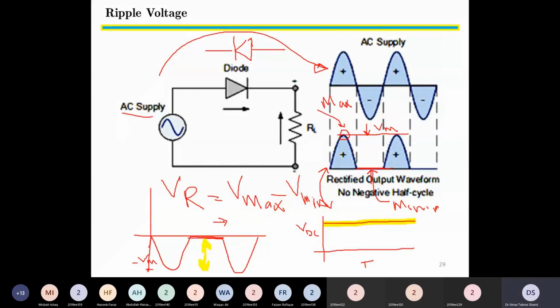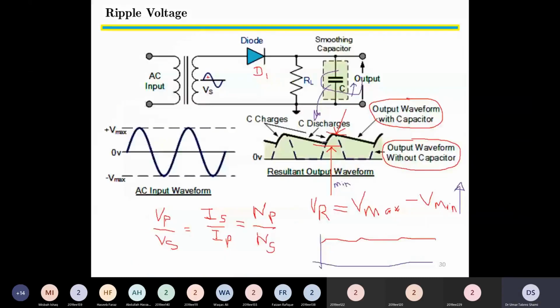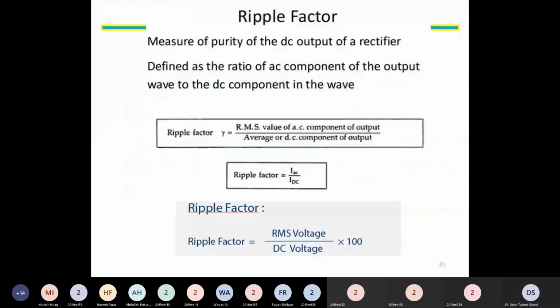The ripple voltage is the outcome of using a diode to rectify AC to DC without a capacitor. Ripple voltage is also present when we use a capacitor, but it will be improved. Our ideal ripple voltage is 0. This is the formula for ripple factor.